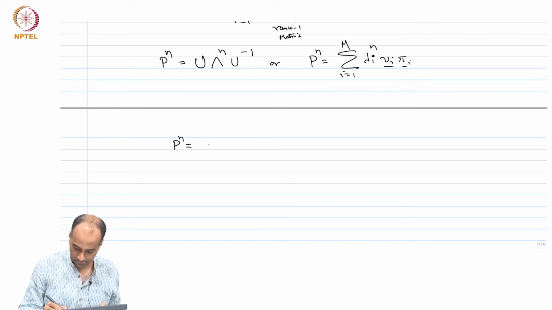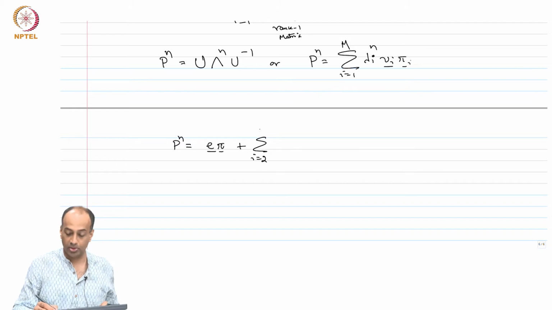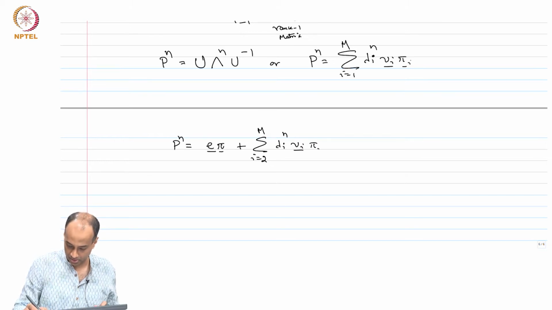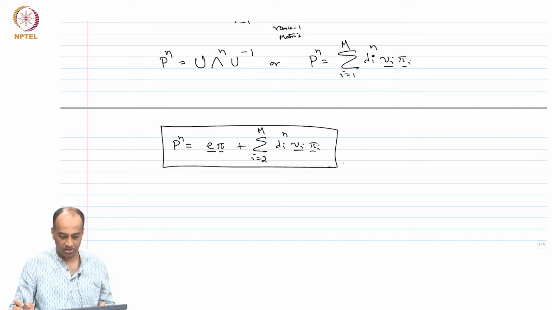So, I will have E pi plus sum over i equal to 2 to m of lambda i power n nu i pi i. So, this is an important equation, this is nothing but the spectral decomposition of P power n.